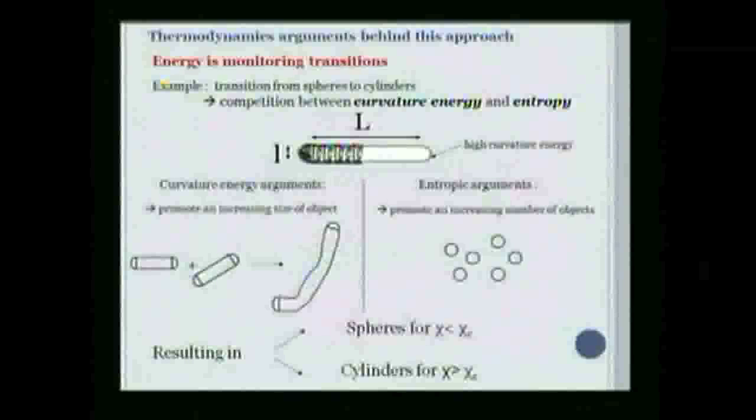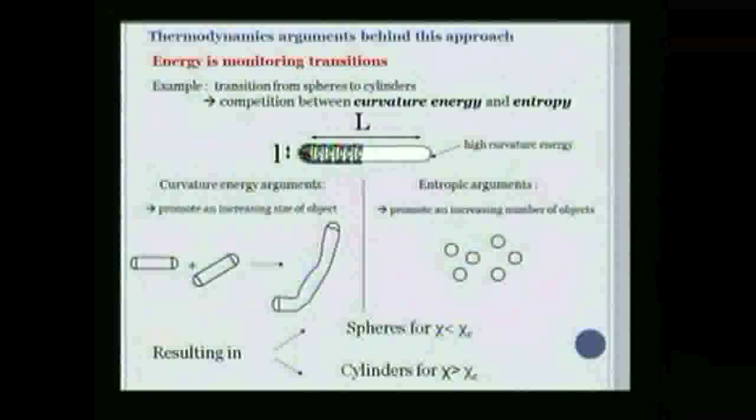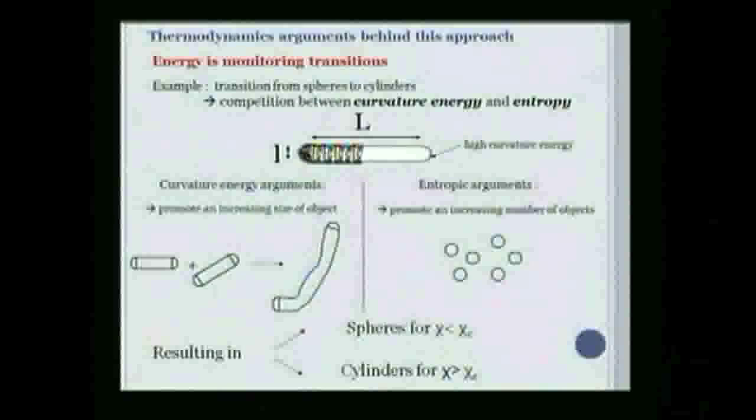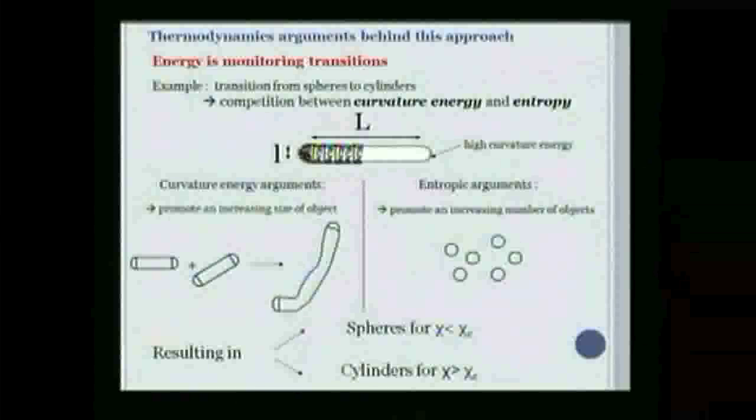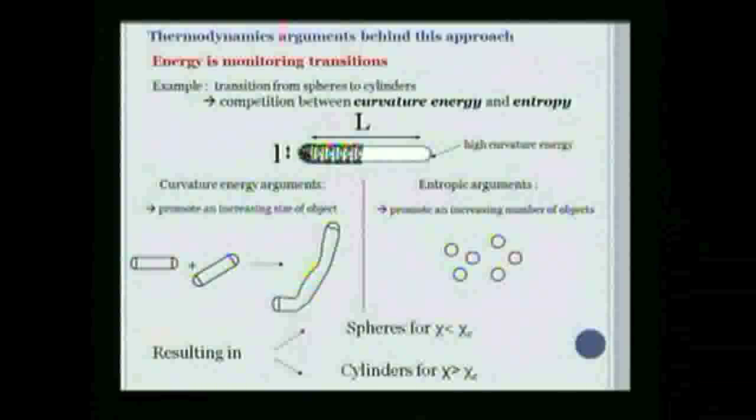Next slide. So of course, this shape parameter, this spontaneous curvature, is a kind of empirical description, okay? But of course, it is related to thermodynamic arguments, and I will try to explain this to you now. So what are the thermodynamic arguments behind this approach? The idea is that behind this spontaneous curvature, you have the notion of energy, always and always.